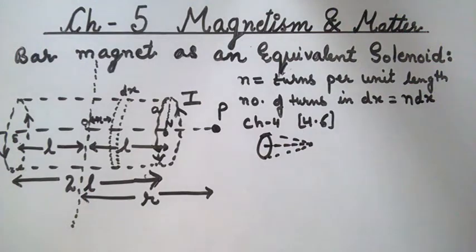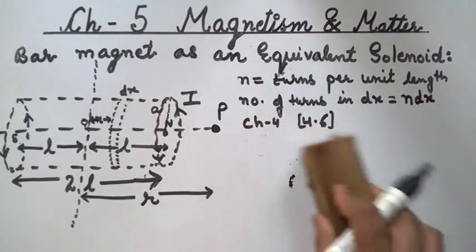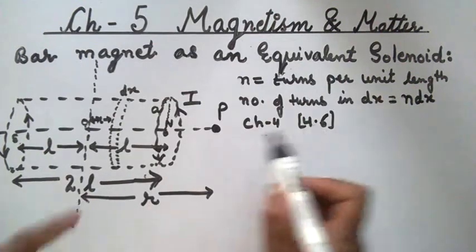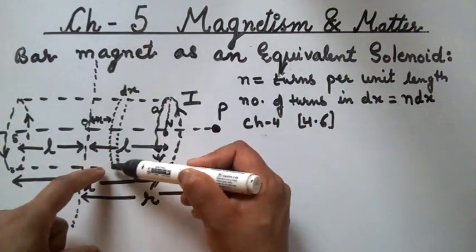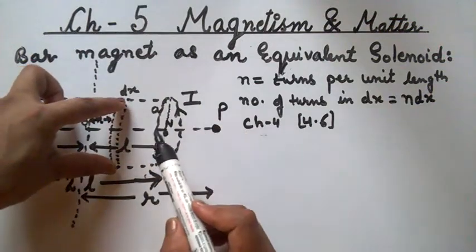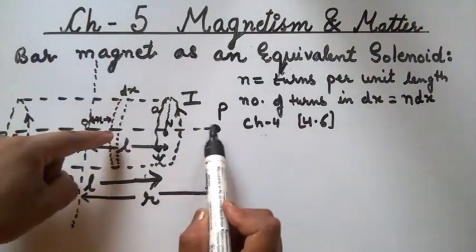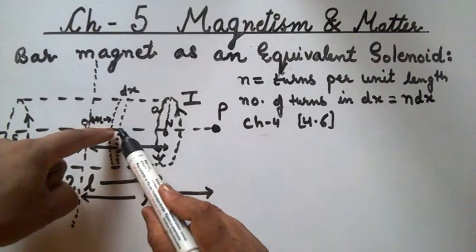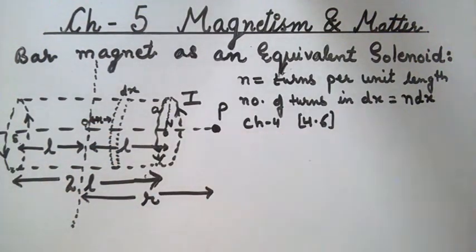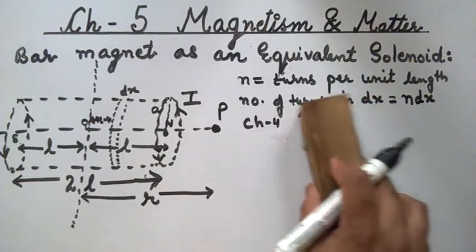If we consider this as a small length element and find the value of magnetic field at point P due to this length element, it is equal to the value of magnetic field which we studied in 4.6.